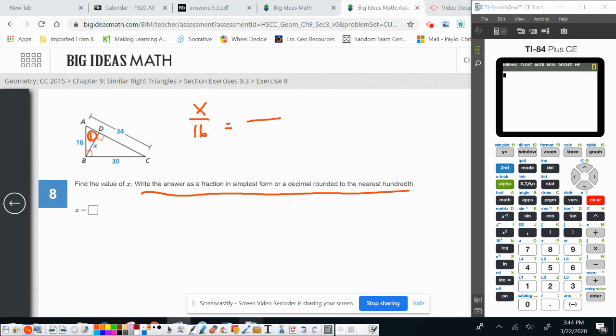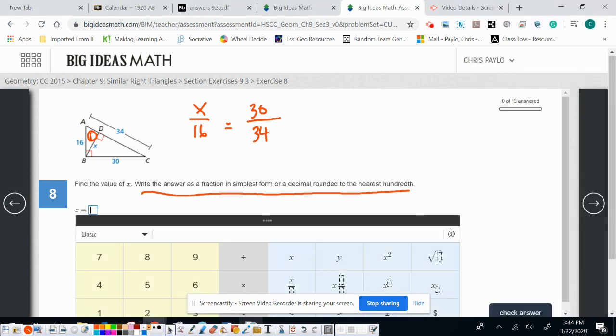That is going to be equal to the long leg 30 in the big triangle to the hypotenuse 34 in the biggest triangle. So I cross multiply, as I have on my calculator here, 16 times 30 divided by 34. And what we are looking at here is 14.11.